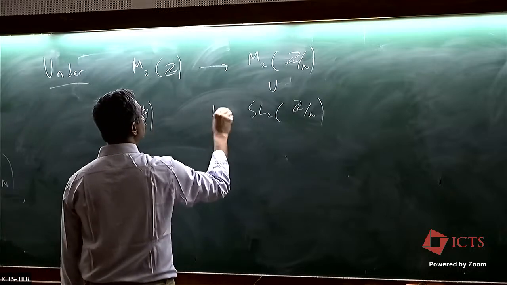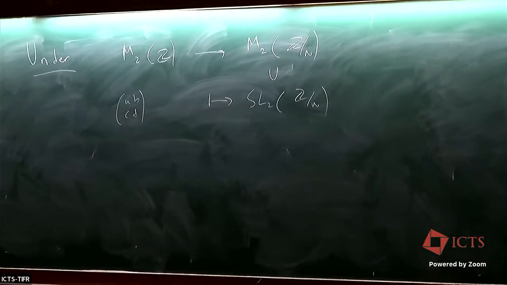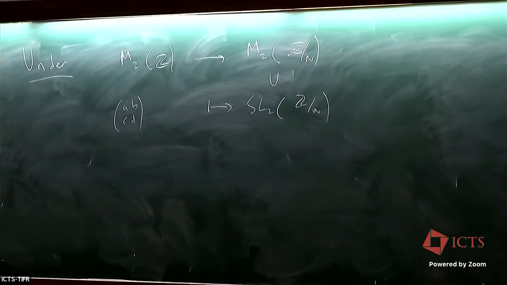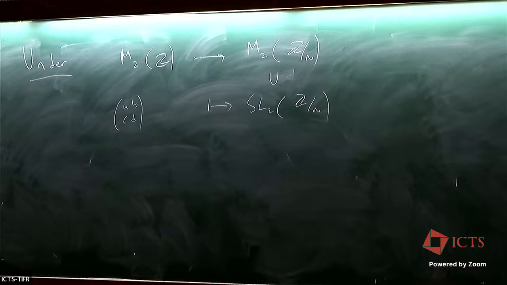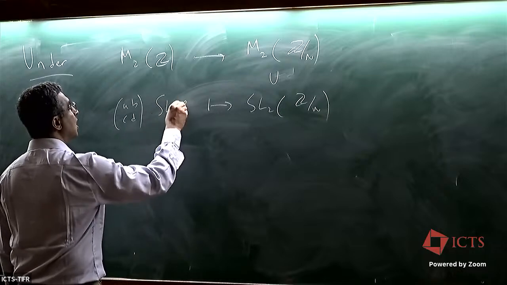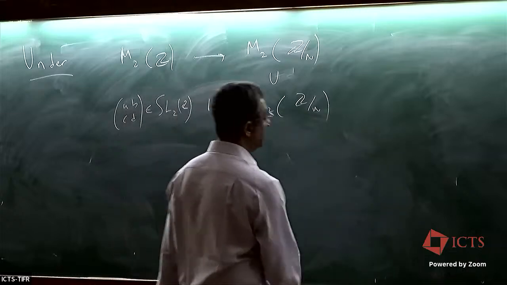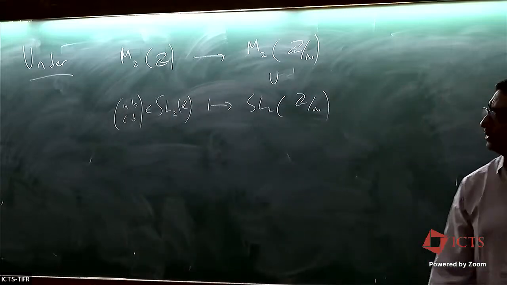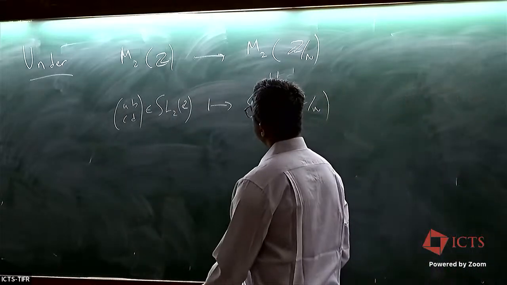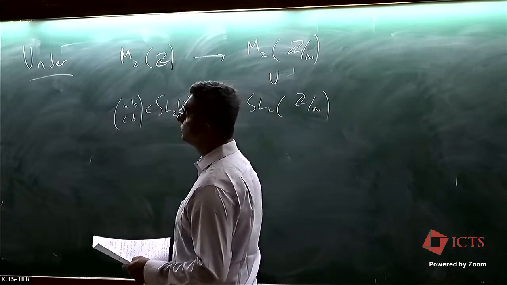It actually maps to SL2Z mod n, because the determinant was 1 modulo n. Okay, now there's another fact I'm going to use from group theory, that the map from SL2Z to SL2Z mod n is surjective. So we can actually assume that this matrix ABCD belongs to SL2Z.